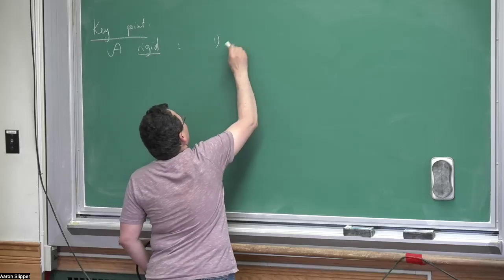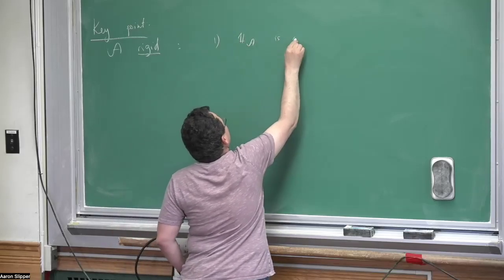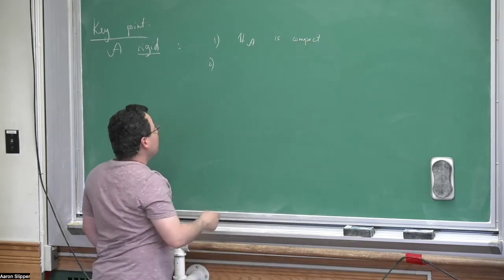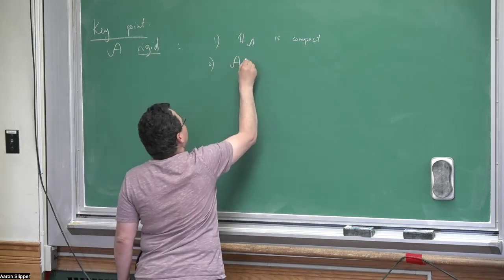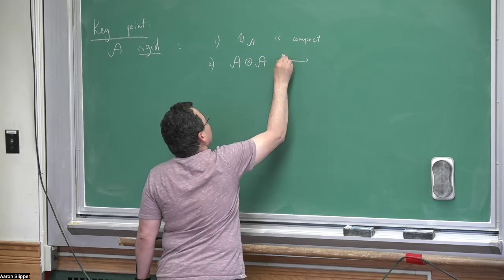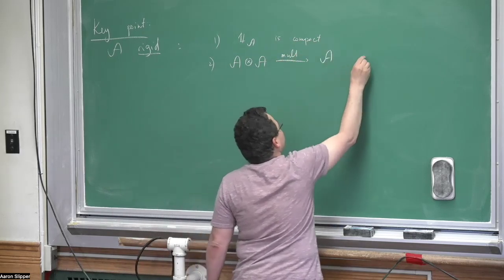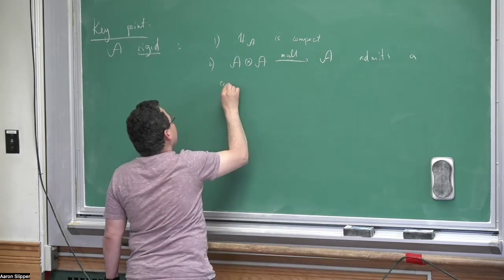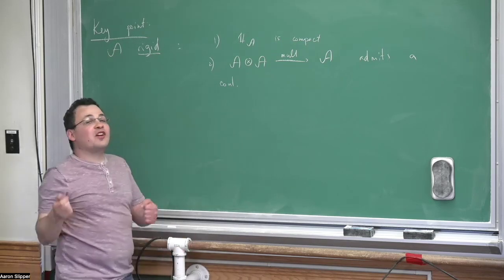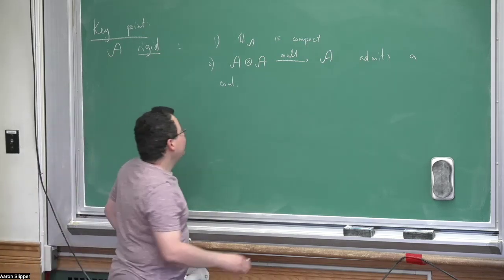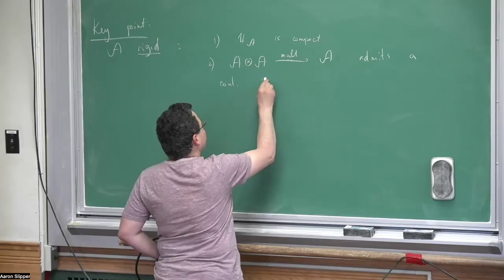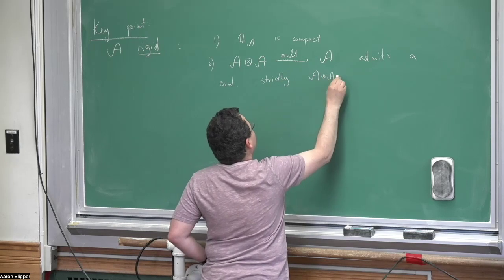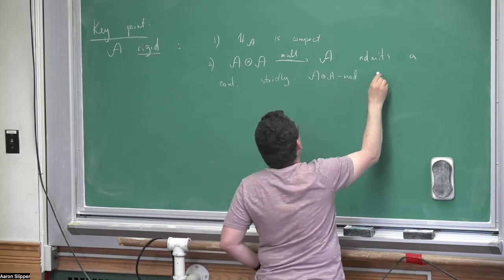One is that the unit is compact. Two is that this tensor product now admits a continuous right adjoint. Here, continuous means colimit preserving, and strictly an A-module right adjoint.